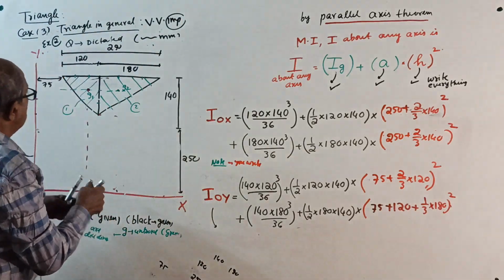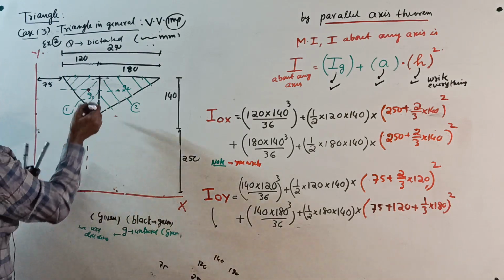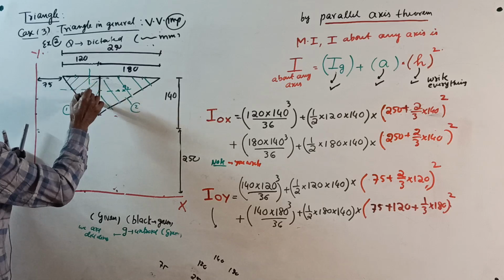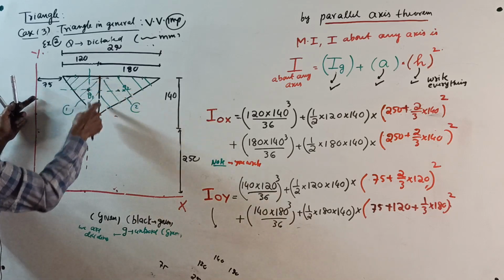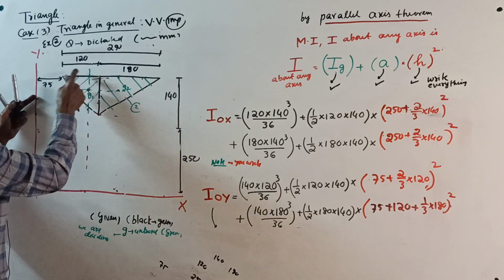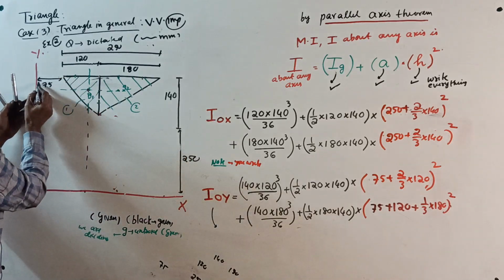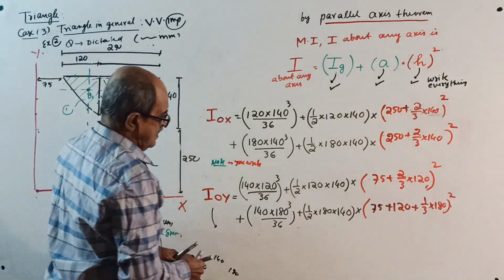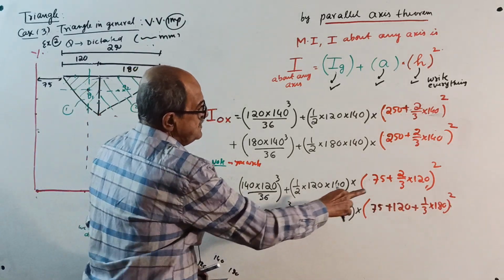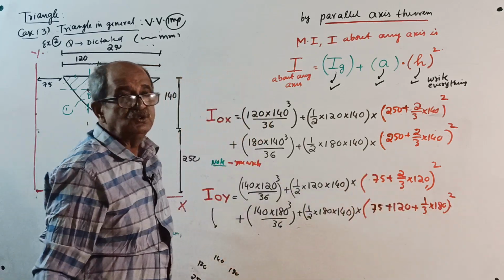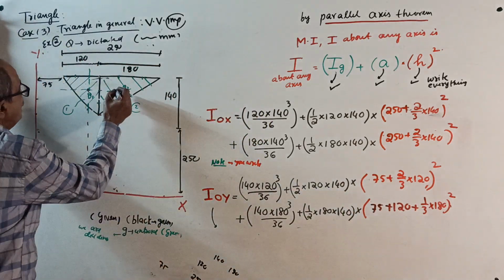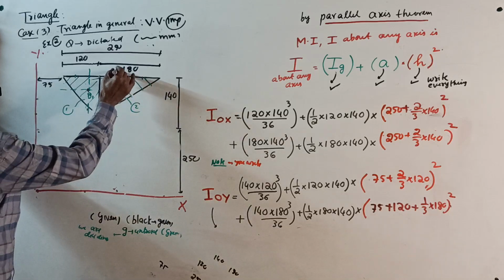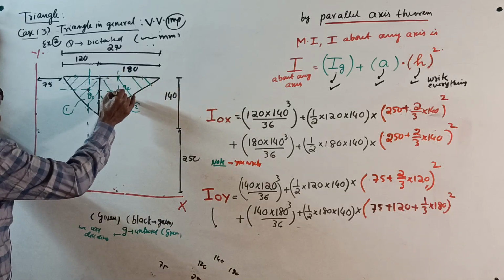Okay, now start. I about OY. First about its own axis. This axis. 140 parallel. 140 into 120 cube by 36 plus area into 75 plus 2/3 of 120. So once again same, 75 plus 2/3 of 120 whole square. For next one, see, I about this axis.